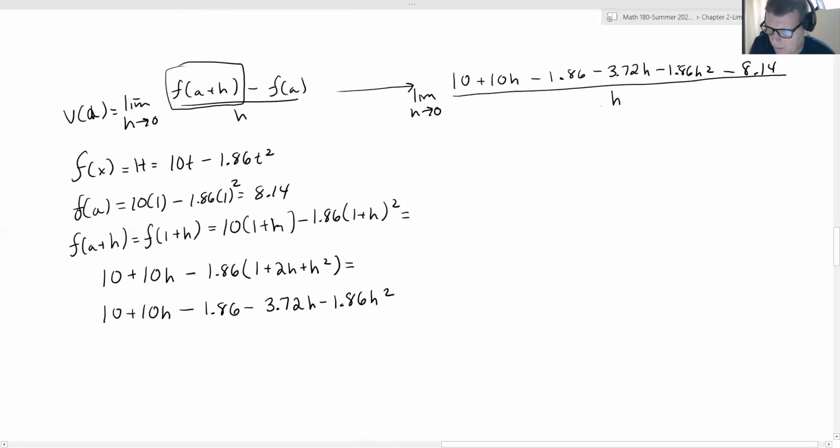So if I rewrite this, this is the limit as h approaches 0 of 10 minus 1.86, which is actually 8.14.